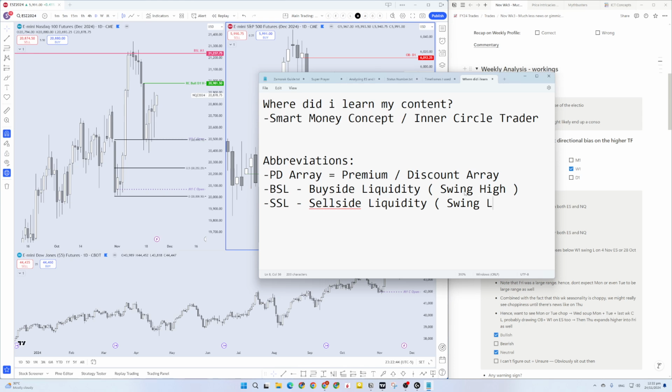You may be wondering, why do we call all this buy side or sell side? It is not that hard. For example, above a swing high, what do you expect people to do? Usually if price breaks out of a swing high, you expect people to buy, right?